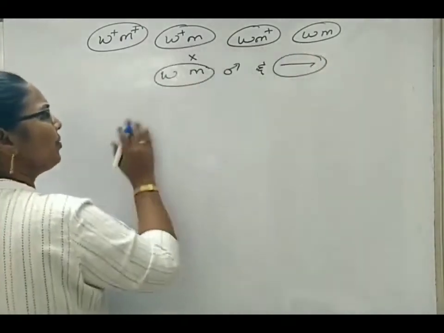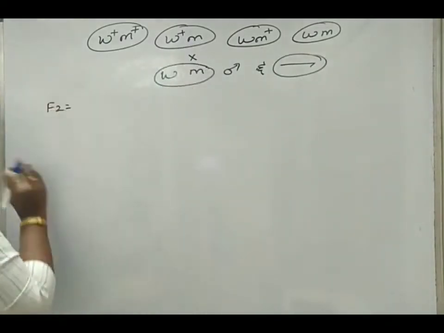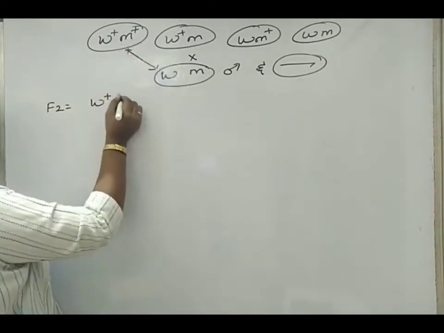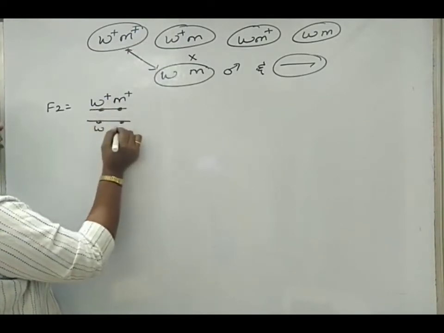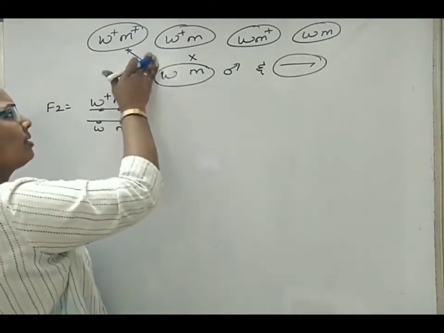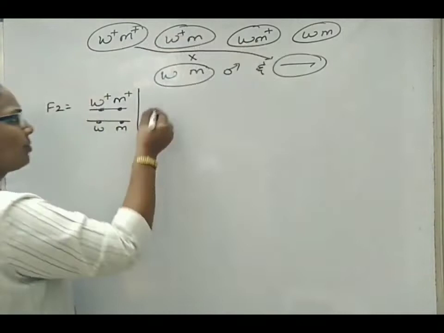Now we are crossing these 4 with these 2 types. So how are the offsprings going to be in the F2 generation? When we cross these both, X chromosome of female, X chromosome of male, this is considered as heterozygous female.